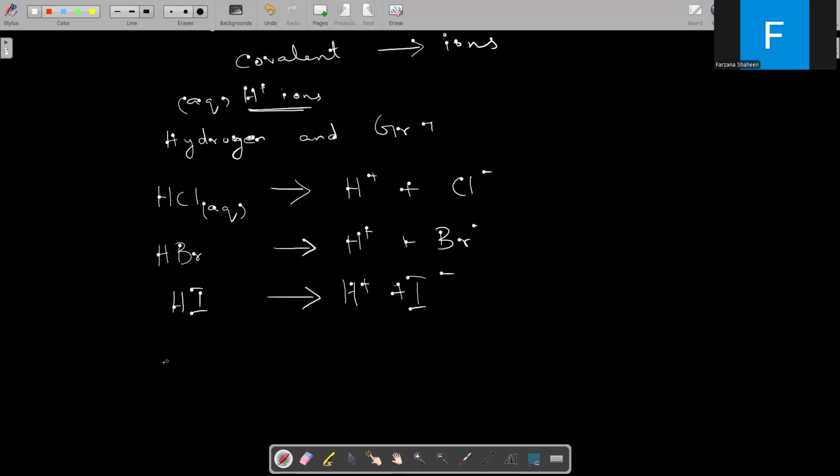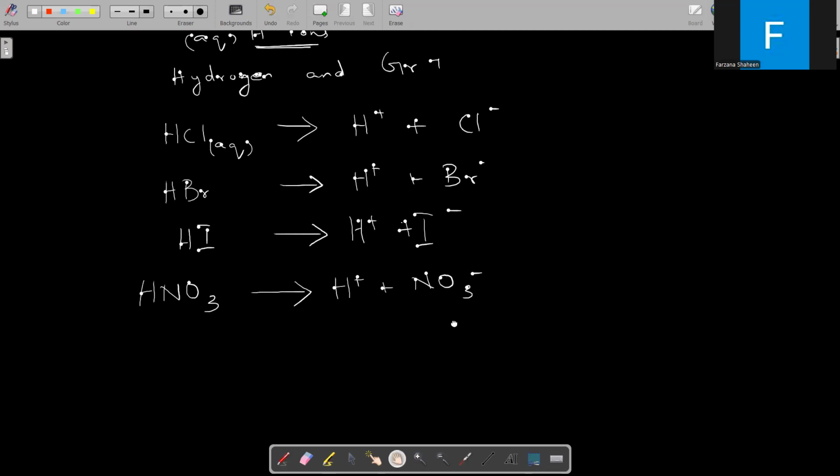Let's take another popular acid, which is HNO3, nitric acid. What happens to nitric acid in aqueous solution? It gets ionized into hydrogen ions and nitrate ions. You need to learn all these ions.